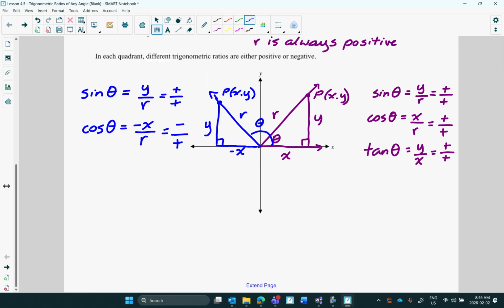The tan will also be negative because it's y over negative x, which is a positive over a negative. So if you take the tan of any angle between 90 and 180, you'll get a negative answer. Hopefully you can start to see the pattern that's happening here.